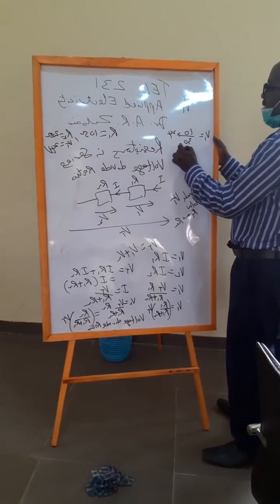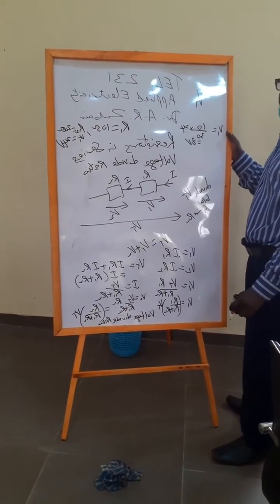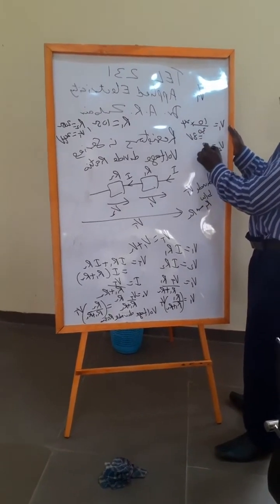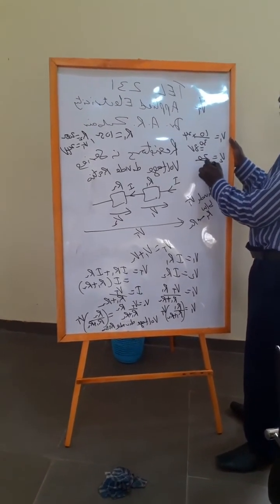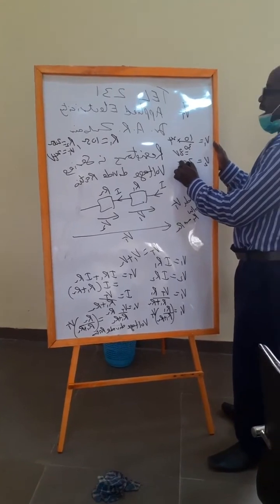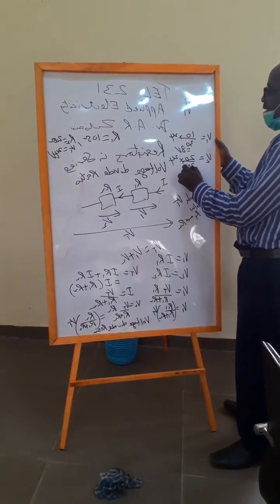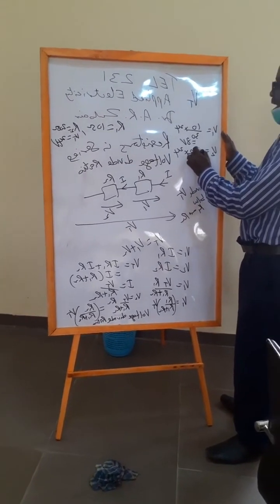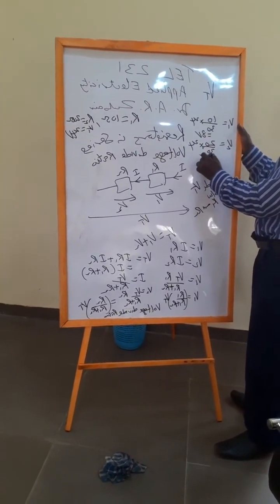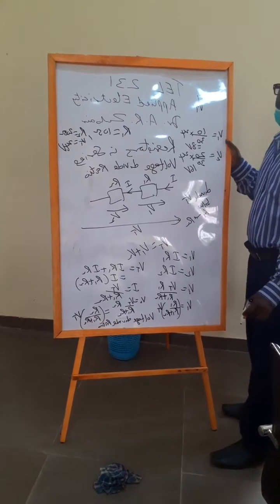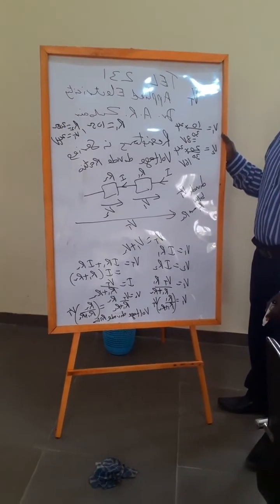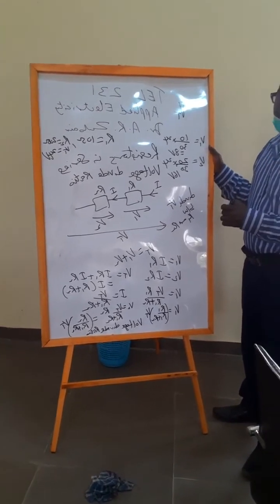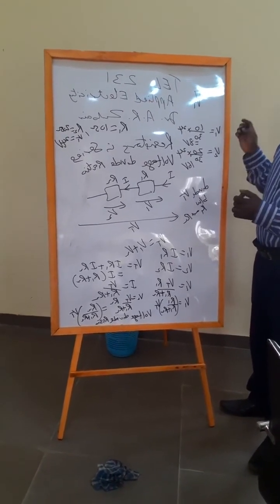This will be 8 volts. So V1 will take 8 volts. V2 is the resistance of R2 over the total resistance times the voltage you want to divide. That's 2 over 3, that will be 16 volts. You can see that whoever has a smaller resistance will take a smaller portion. Whoever has a bigger resistance will take a bigger portion.